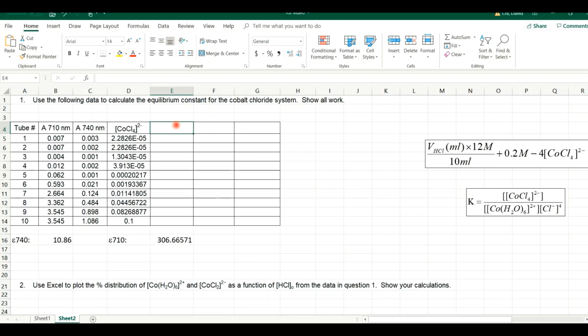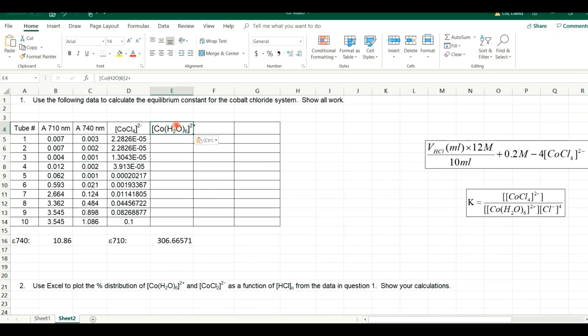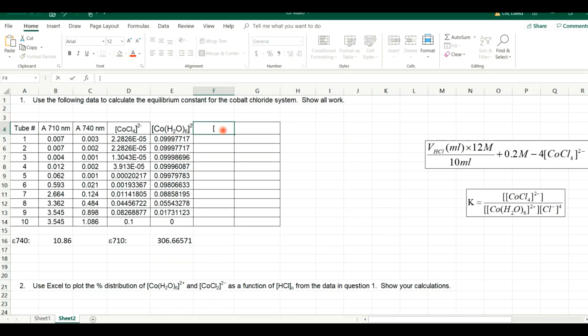To calculate the concentration of cobalt hexahydrate, we use the total concentration of cobalt, which is 0.1, minus the concentration of cobalt tetrachloride complex. Copy paste. Now calculate chloride concentration in the solution. We are going to use this equation.